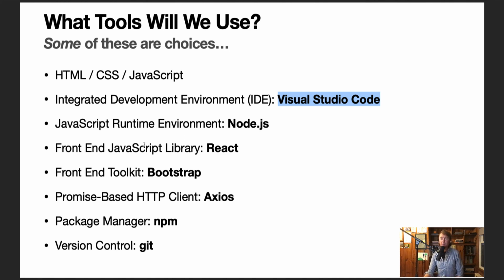We're going to use a front-end library called React and a front-end toolkit called Bootstrap. These are definitely not the only tools for the jobs they do, but they are very popular and very well supported. And it's funny, when I think about this in my mind, Visual Studio is built by Microsoft. React comes from the developers at Facebook.